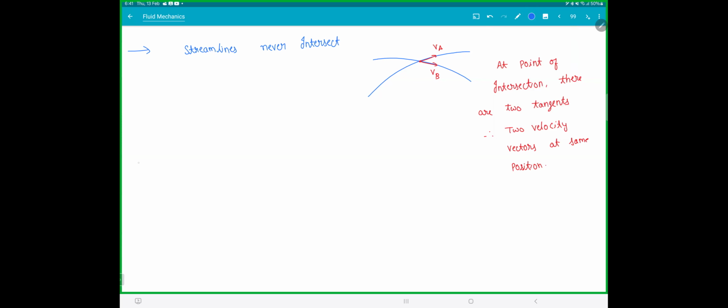Second thing, the higher the density of streamlines, the faster the liquid flows.